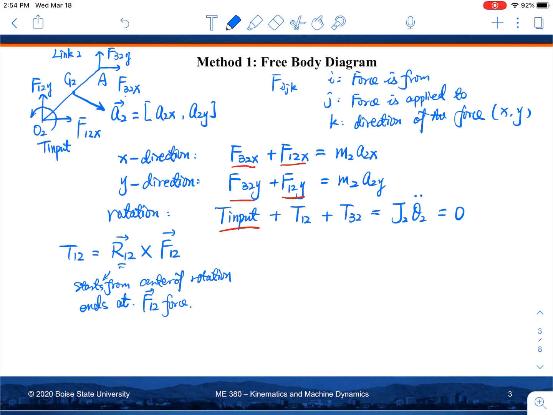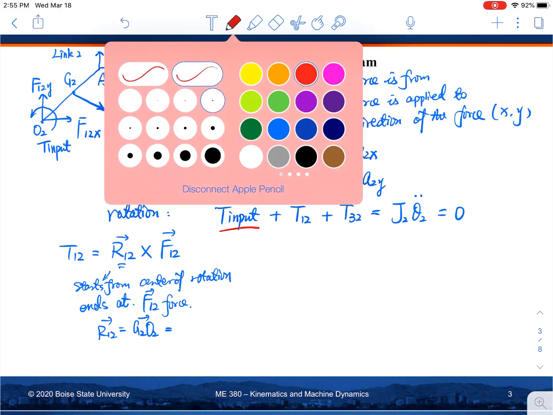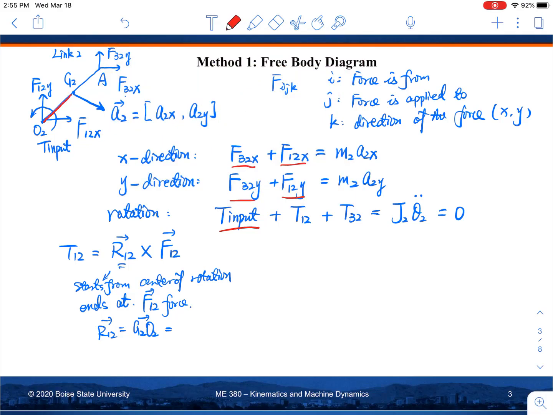Okay, so right now your F12 force is applied around joint O2, so that's why your R12 vector is actually the G2O2 vector, right? Okay, so what is your G2O2? Let me use a red color. So this red color is going to be your R12 vector.